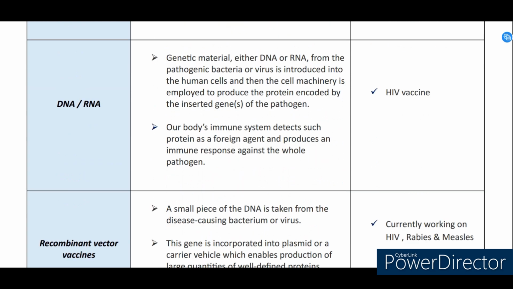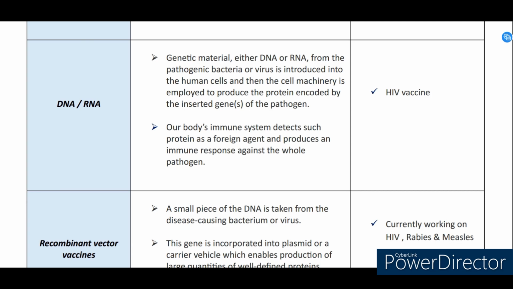Now coming to DNA or RNA vaccines, genetic material, either DNA or RNA, from the pathogenic bacteria or virus is introduced into the human cells and the cell machinery is employed to produce the protein encoded by the inserted gene or genes of the pathogen. Our body's immune system detects such protein as a foreign agent and produces an immune response against the whole pathogen.